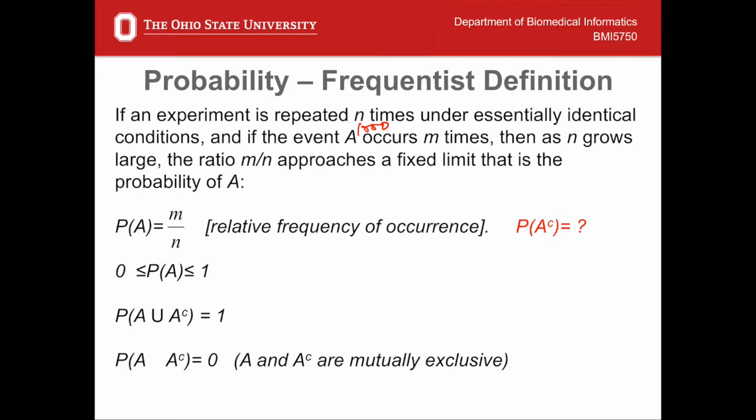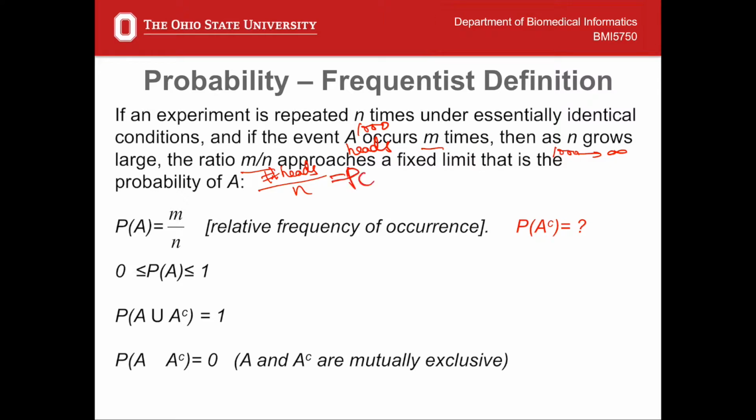And the event A, for example heads, occurs m times. Then, as n grows large, for example from 1,000 to infinity, the ratio m divided by n, that is the number of times the coin gets heads divided by the total number of tosses, approaches a fixed limit, that is the probability of A.